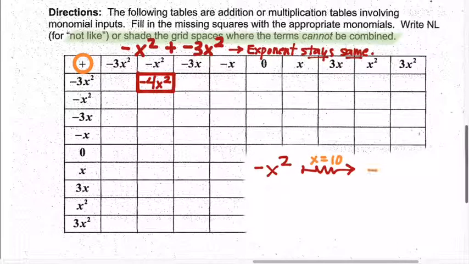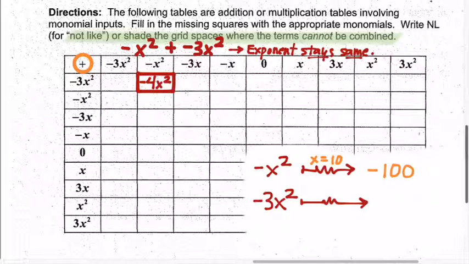This is really the number negative 100. Right? And likewise with minus 3x squared. If I do the same trick and I let x equal 10, then minus 3x squared is really just a code word for negative 300.